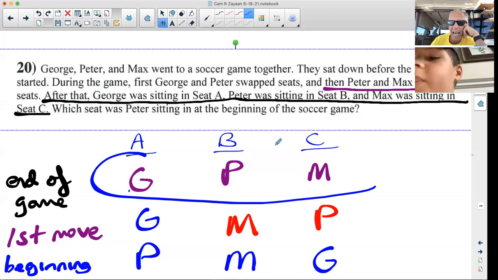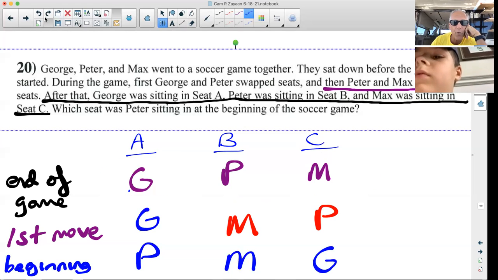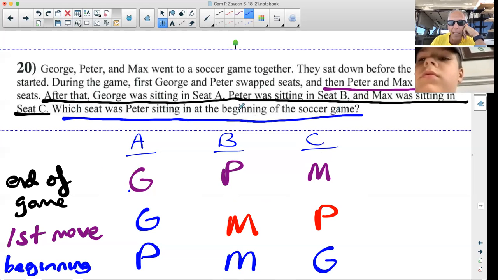So he's probably in the middle. Well, which seat was Peter sitting in at the beginning of the game? In A. Of course. But you would never be able to do this unless you wrote this chart out.